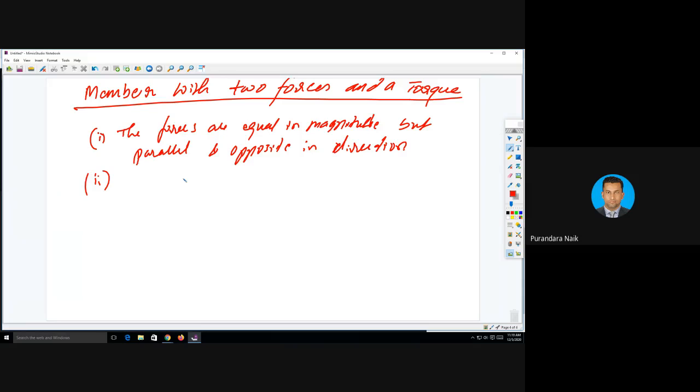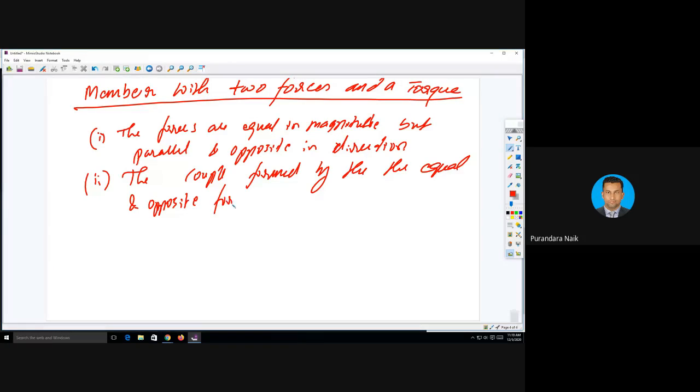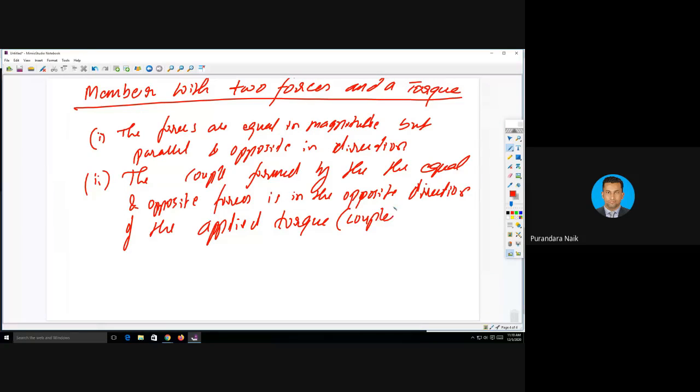Second condition: the couple formed by the equal and opposite forces is in the opposite direction of the applied torque, or torque is nothing but couple, right?